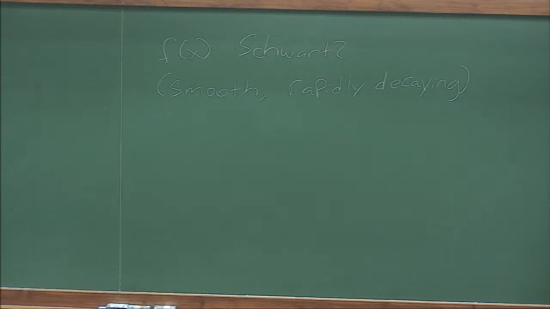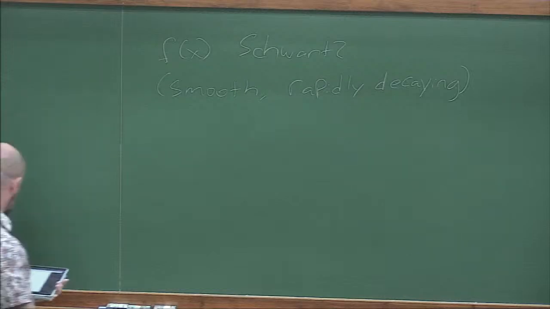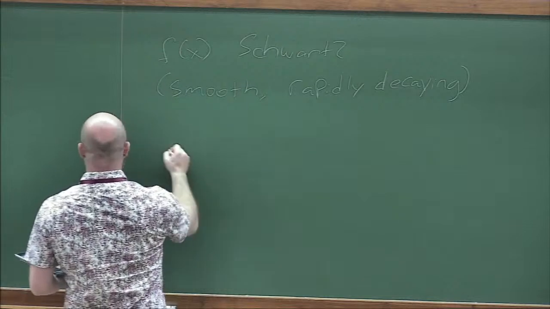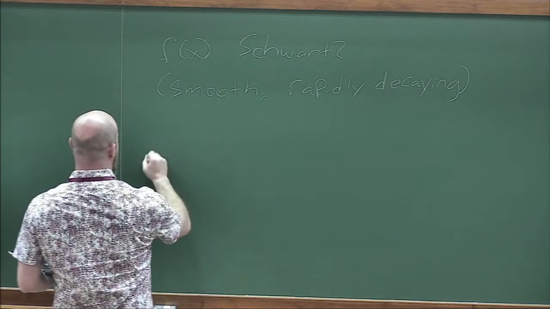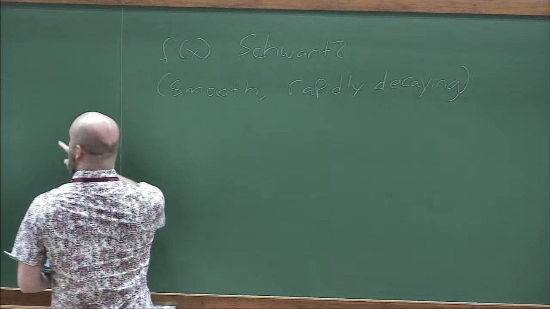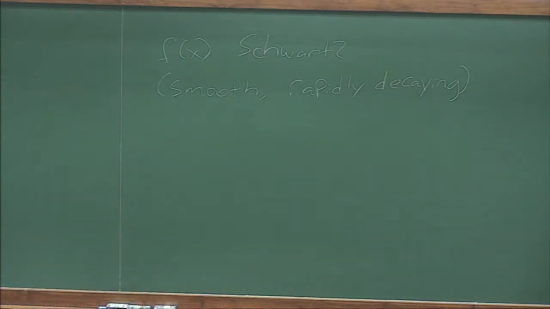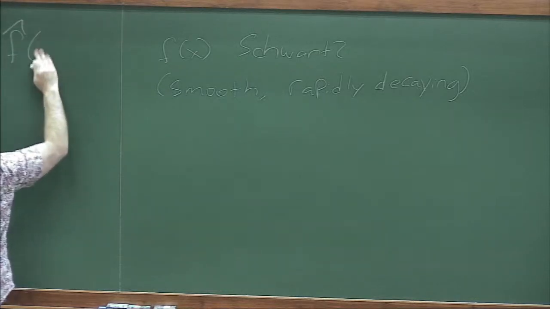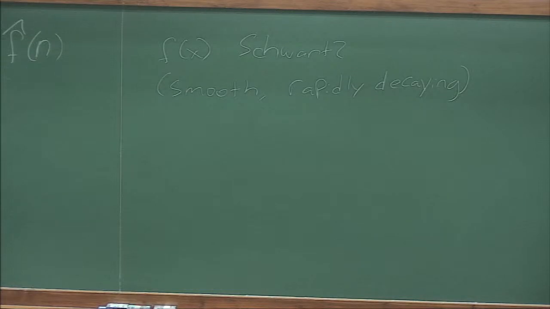Essentially, I need it to be decaying fast enough that we get convergence with our expression here. Now, the formula for Poisson summation tells us that this summation here, f of n, as n ranges over the integers, is equal to the sum of the Fourier transform of f, again evaluated at n, as n ranges over the integers.